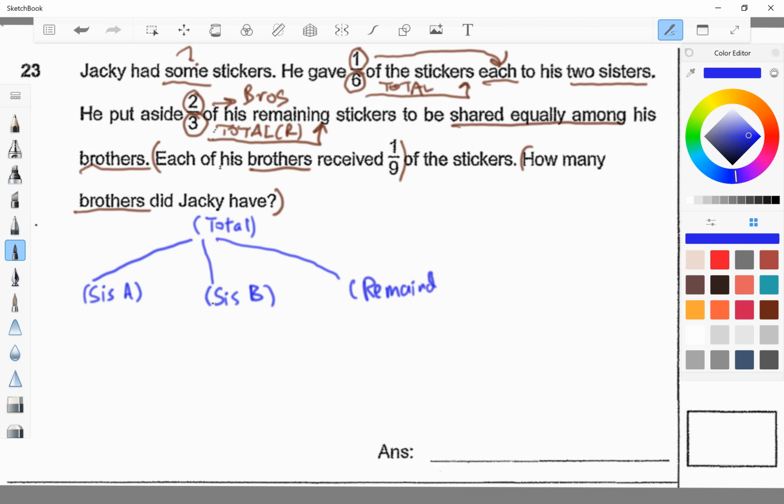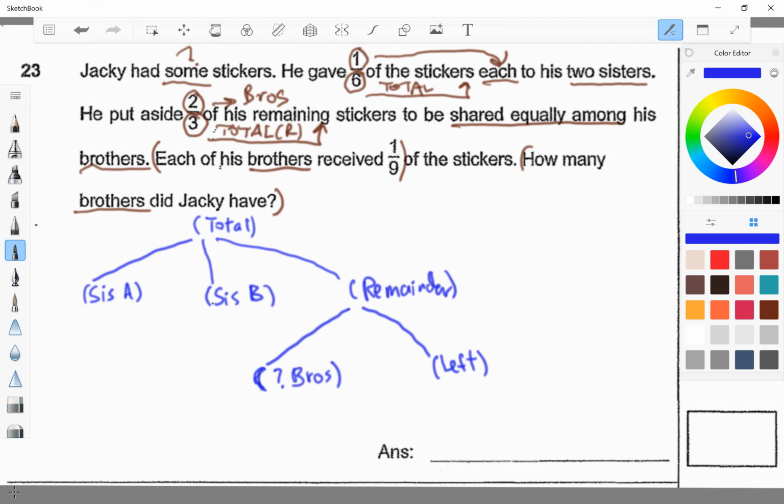My next step is, from the remainder, I will branch down into brothers. We do not know how many brothers he has, so I'll put a question mark. So bros, short form, to save time. And finally, I have the word left.